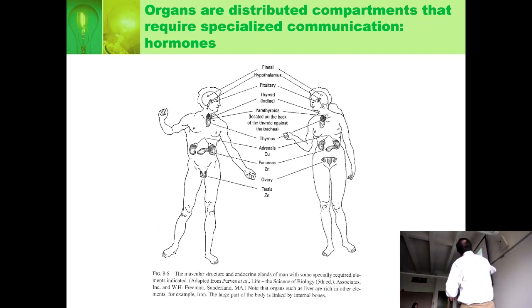And so, basically, the less central the organ is to the organism itself, the newer it is. Like the heart is a very old organ. The brain is a relatively newer organ.